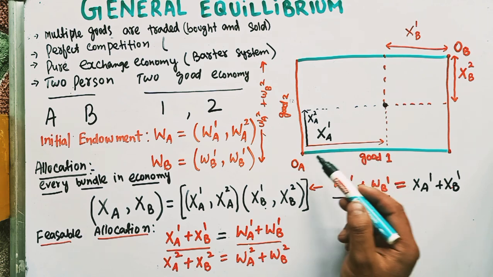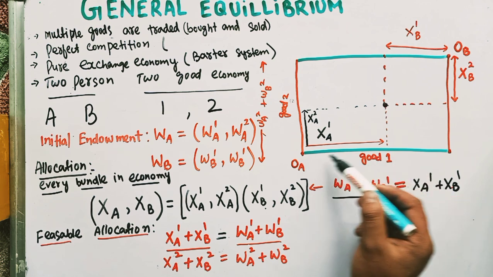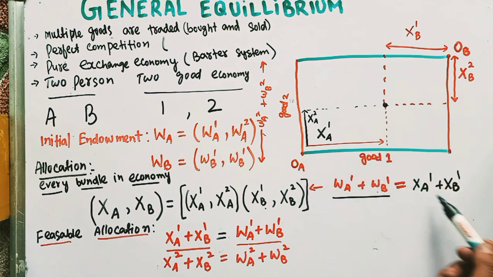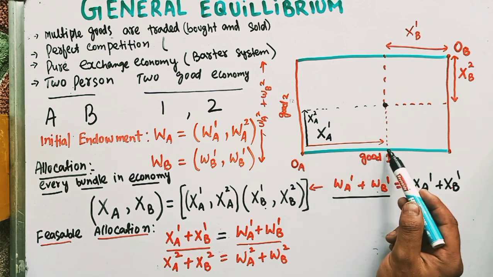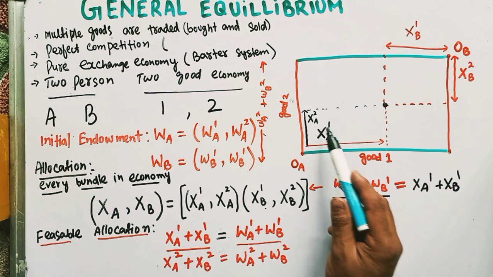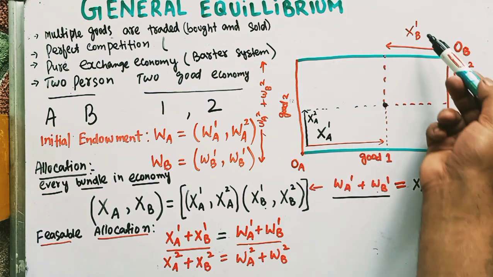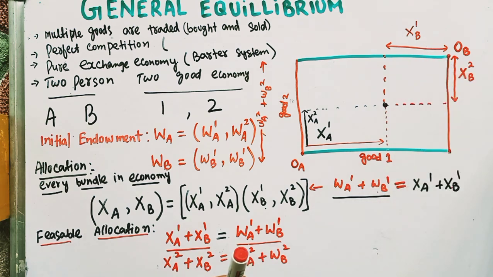So WA1 plus WB1 shows us the total supply. Up to this we have the total supply of good 1, and it is actually equal to the total demand of good 1. We are consuming XA1 units from this point, and corresponding to this we have good 1 being consumed by consumer B. So here total supply is equal to total demand.